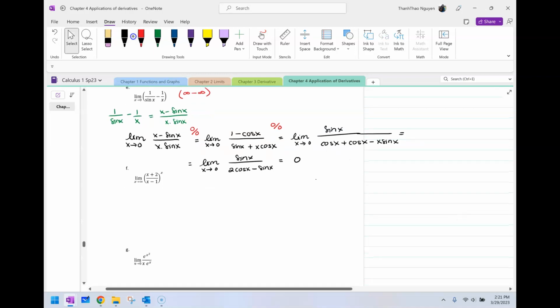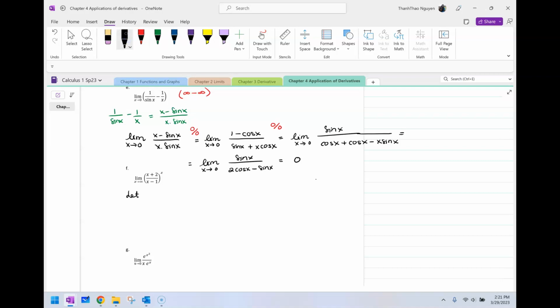In the next problem, note that here we have an exponent of a function, right? So we start by letting y equal the function in question, x plus 2 divided by x minus 1, to the x.